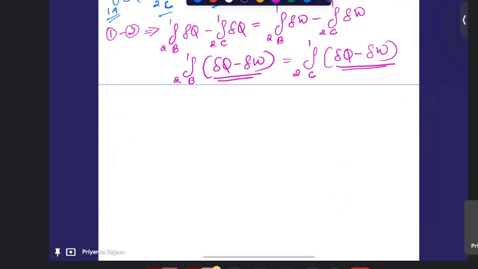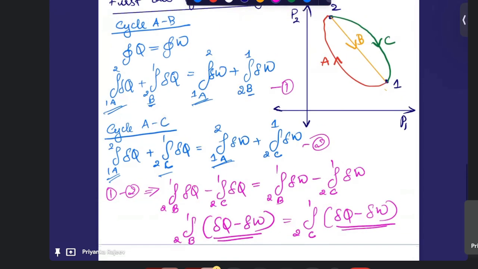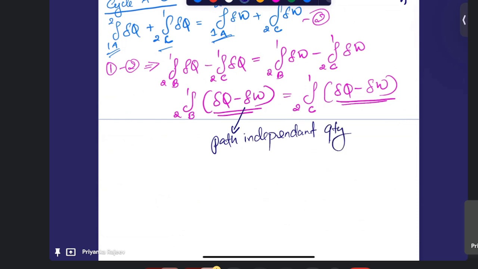So what does that mean? This delta Q minus delta W quantity, no matter whichever path you take, is going to stay constant. So it is path independent. So this delta Q minus delta W is a path independent quantity. Any path you are taking, this is not going to change.